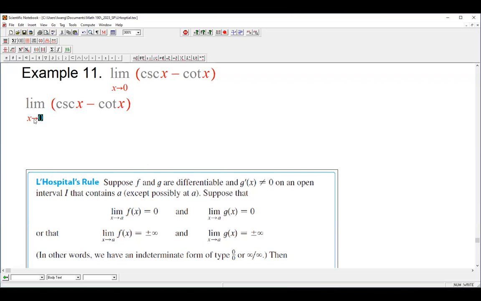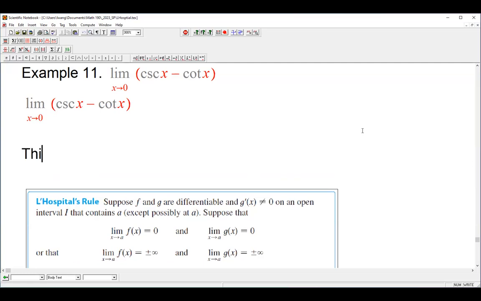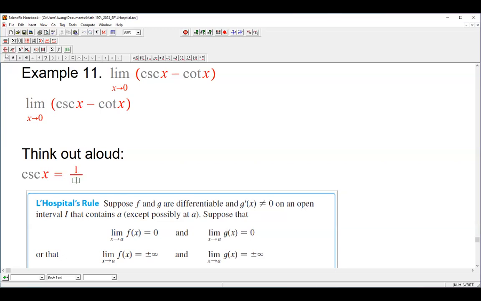As x approaching 0, think out loud, to analyze what kind of form we have here. Cosecant x is equal to 1 over sine x. So when x is approaching 0, sine x is approaching 0, so cosecant x is approaching infinity.